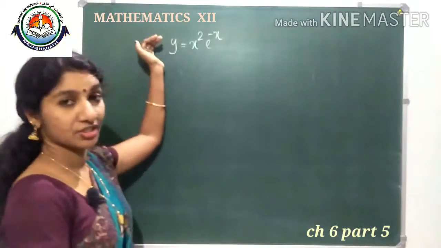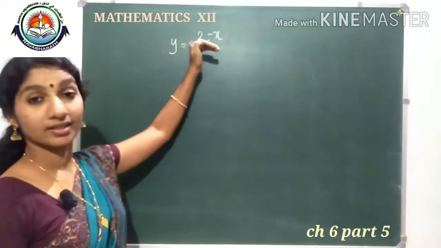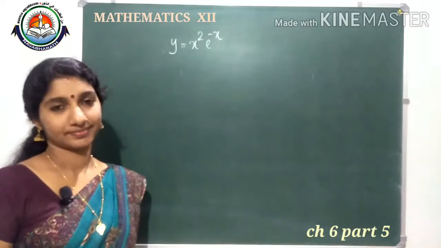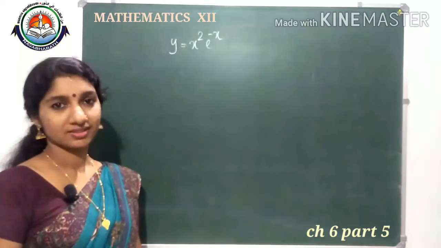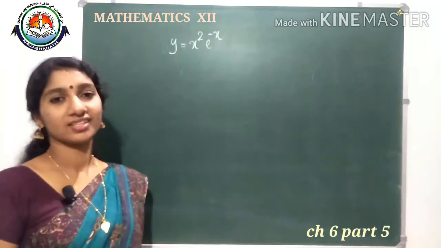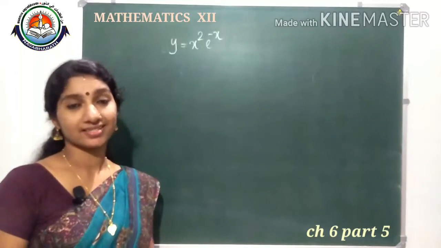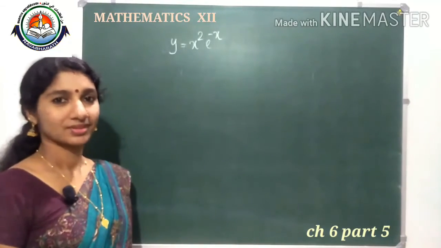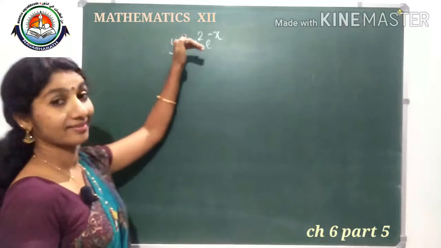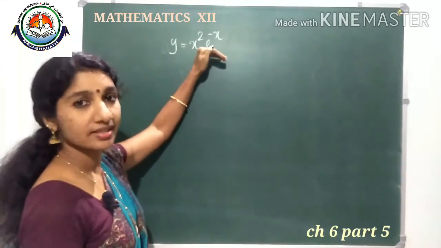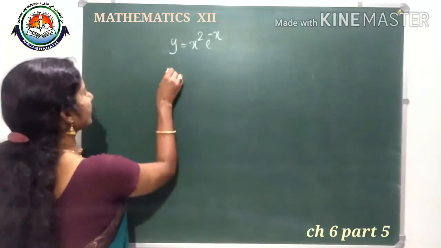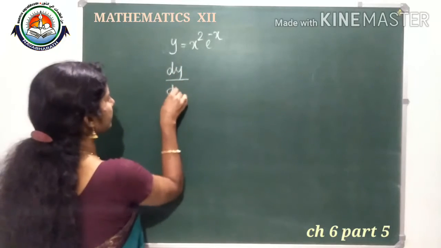Now another function, y equal to x square e raised to minus x. We need to find in which interval this function is increasing. Okay, we need to find the interval where this function is increasing. So for that we will find dy by dx.